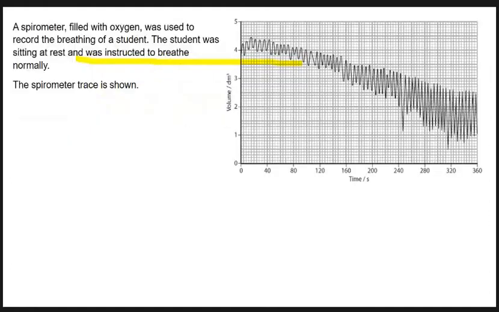Okay. Now here's another question. A spirometer filled with oxygen was used to record the breathing of a student. The student was sitting at rest and was instructed to breathe normally. The spirometer trace is shown. We can see the spirometer trace there, and we can see breathing. And it starts to get bigger and spikier.